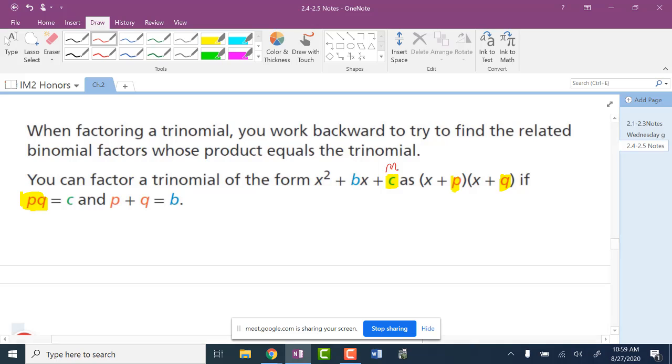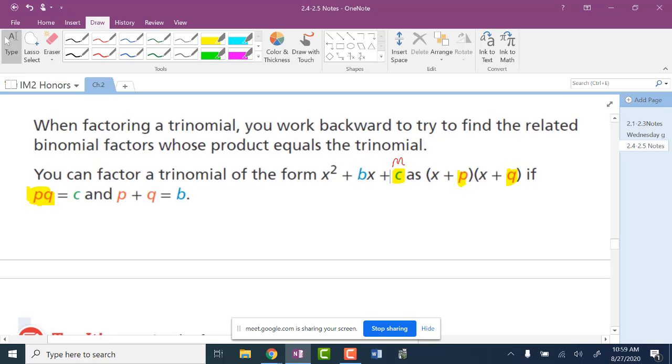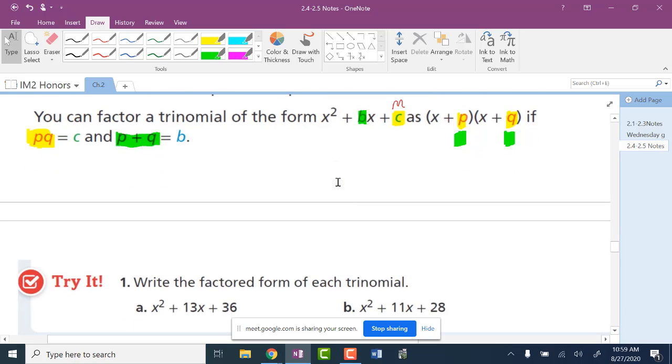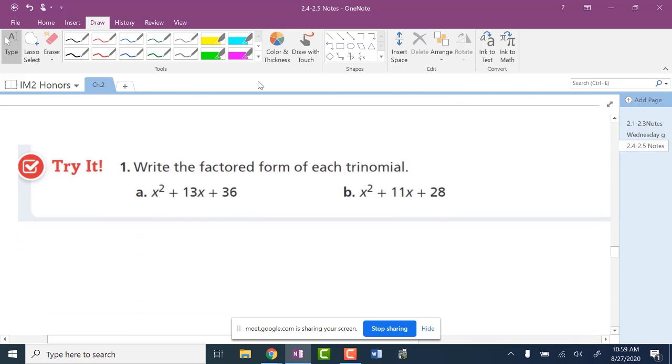And then yet again, those two numbers added together always end up equaling B. This pen is being very naughty right now. Those two numbers added together end up being your middle term, okay? And it works. Good FOILers are good factors.